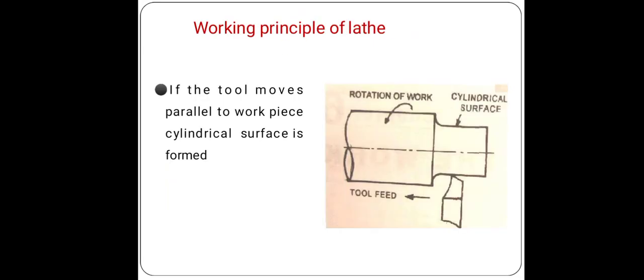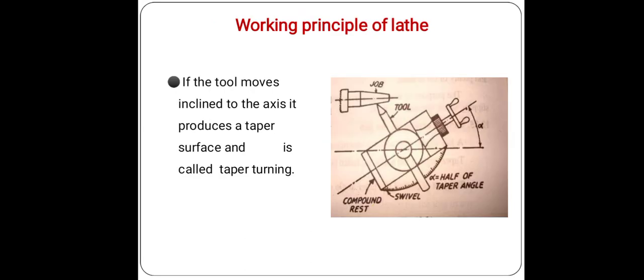If the tool moves parallel to the workpiece, a cylindrical surface is formed. This is the turning operation principle. If the tool moves inclined to the axis, it produces a taper. If you want taper turning, we change the tool post like this, and we get taper turning. This is called the taper turning process.